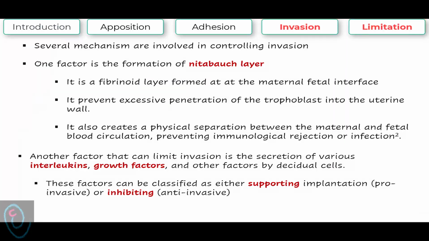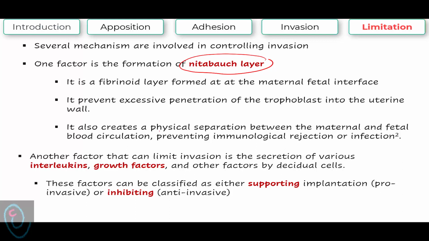And finally, there are several mechanisms involved in controlling invasion. One factor is the formation of a Nitabuch layer. It is a fibrinoid layer formed at the maternal-fetal interface. It prevents excessive penetration of the trophoblast into the uterine wall.